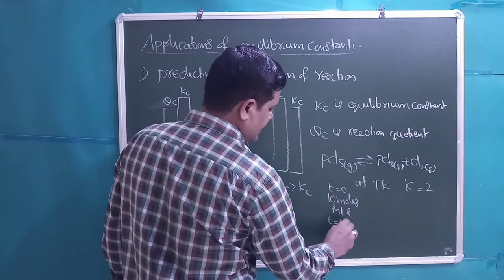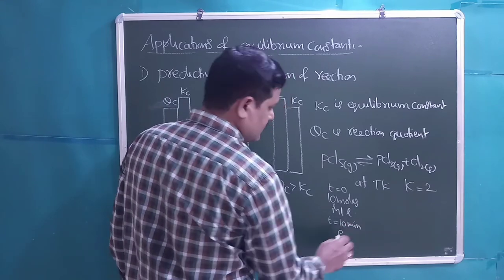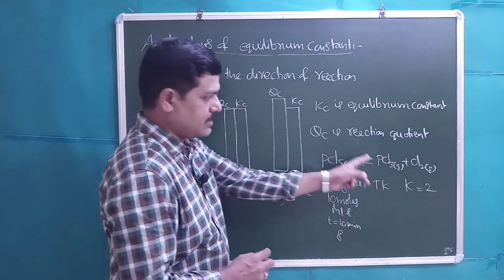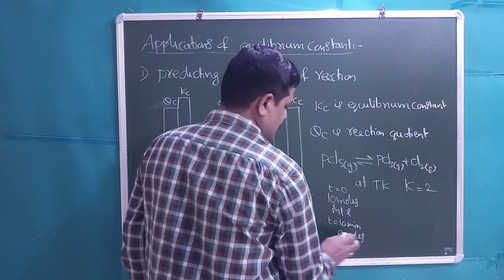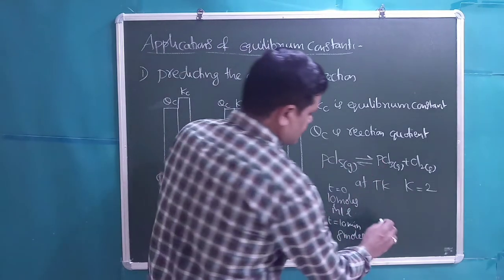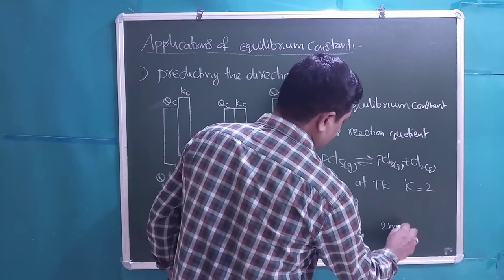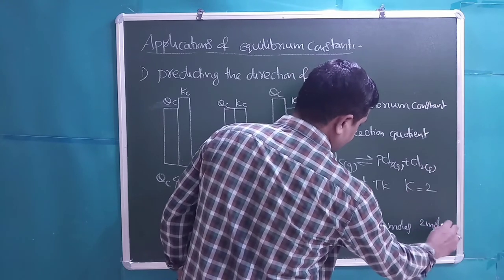At time t equal to 10 minutes, we observe that 2 moles of PCl5 have decomposed. The remaining 8 moles of PCl5 are present. When 2 moles of PCl5 decompose, 2 moles of PCl3 and 2 moles of Cl2 are formed.